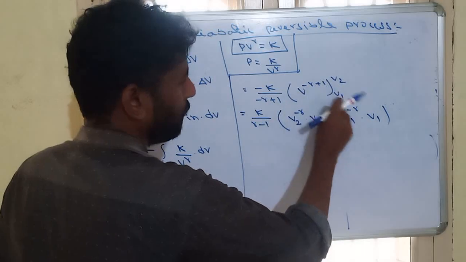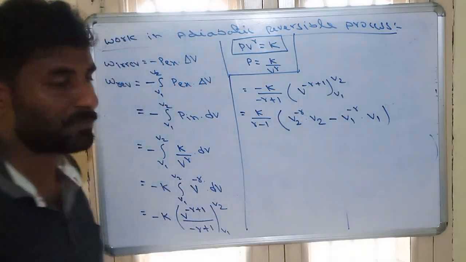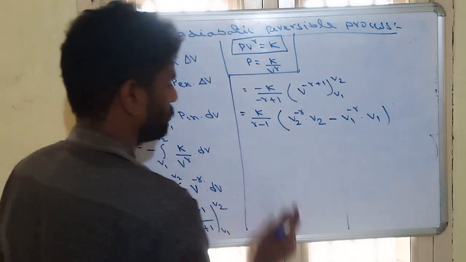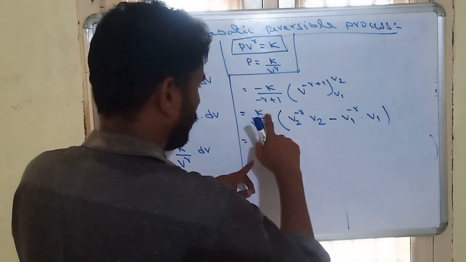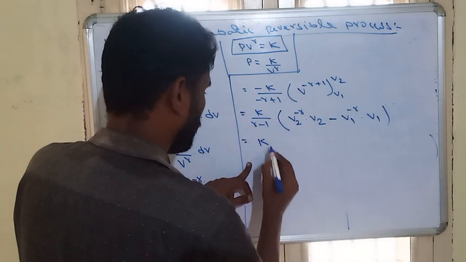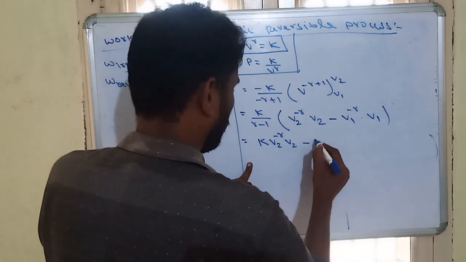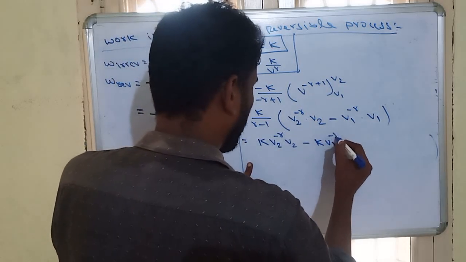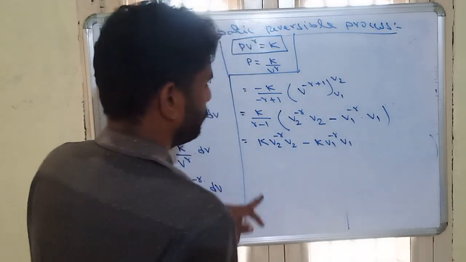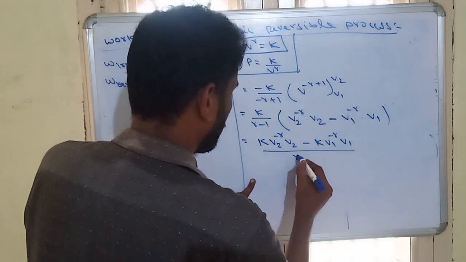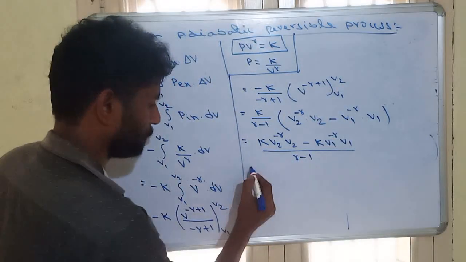For both V2 and V1 we are writing V^(-gamma+1). So taking K inside: K into V2^(-gamma) into V2 minus K into V1^(-gamma) into V1, divided by gamma minus 1.